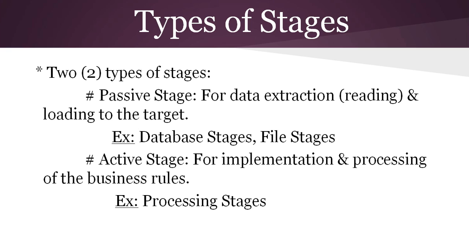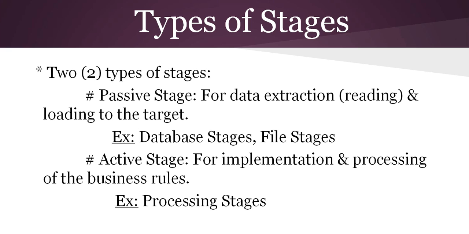The active stages actually perform the processing task. Active stages are where exactly the implementation of the business rules happens. The best example, as the name suggests, is processing stages.